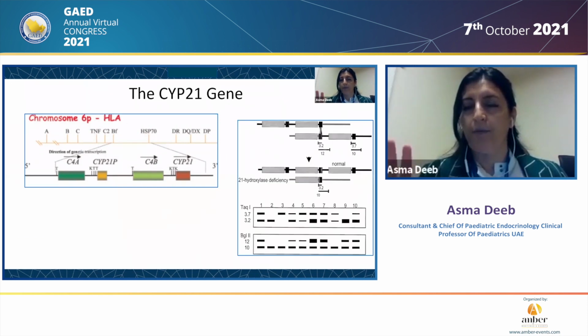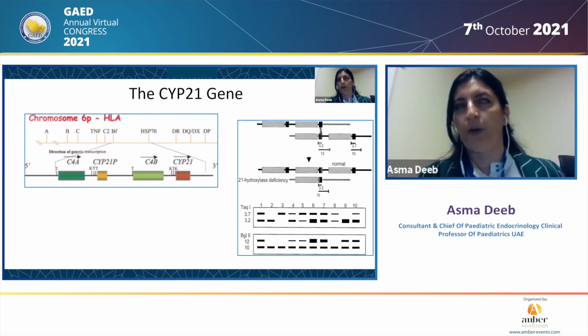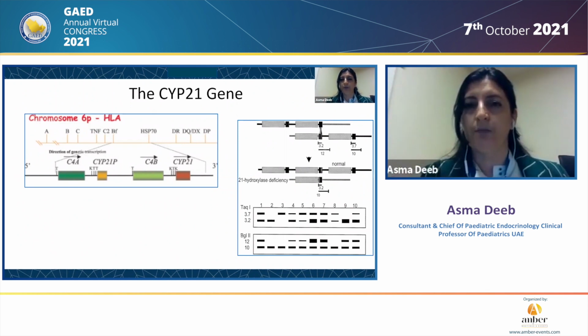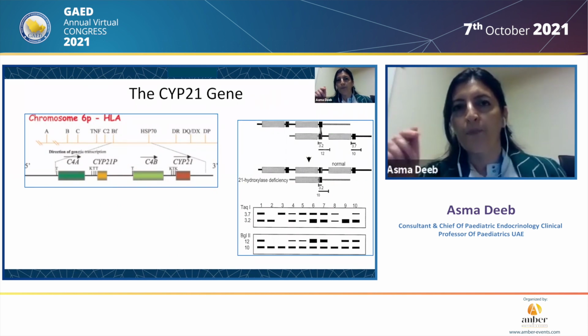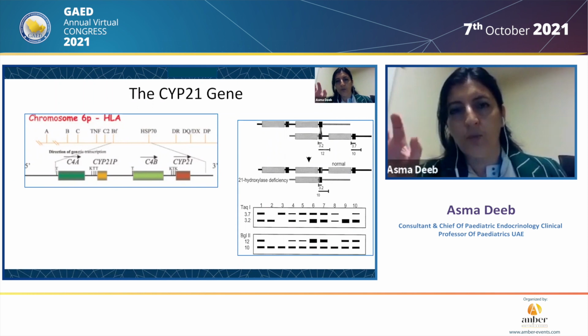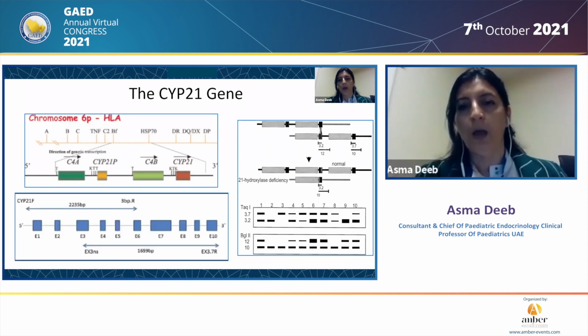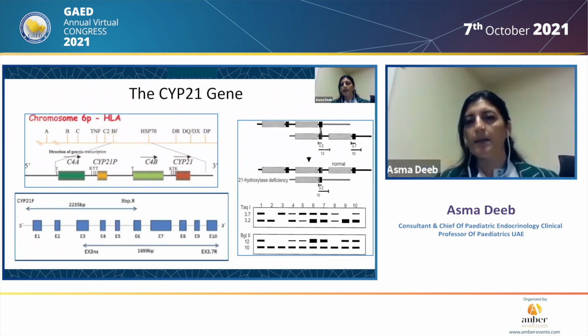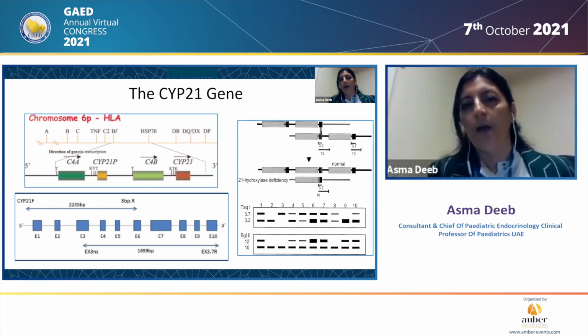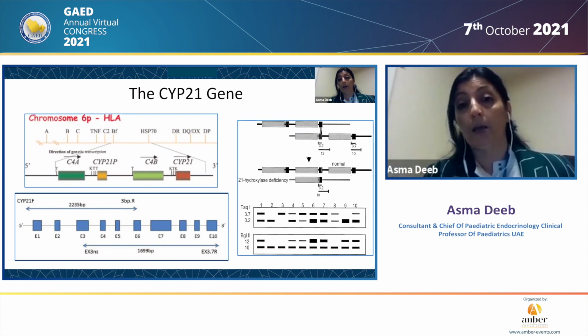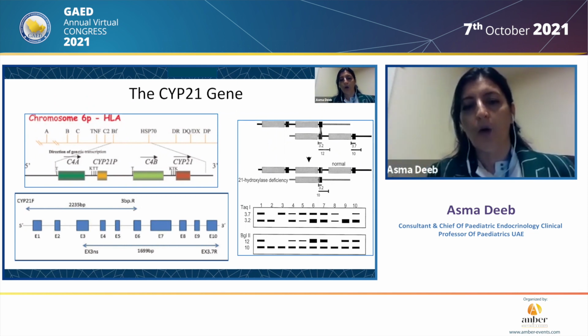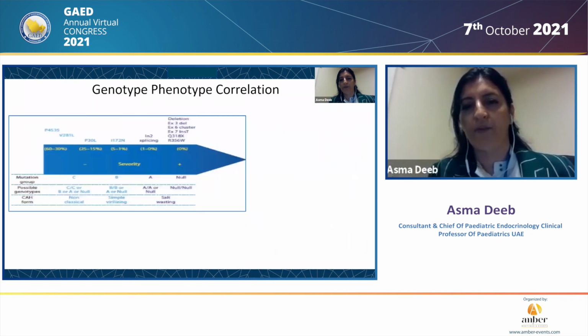And there's a very complex way when it comes to gene expression and transcription, because there's a lot of interaction between the actual gene and the pseudogene, and multiple conversions can result from that, leading to the disease phenotype. And the gene is quite big, spanning 10 exons over the area that I'm flagging up.